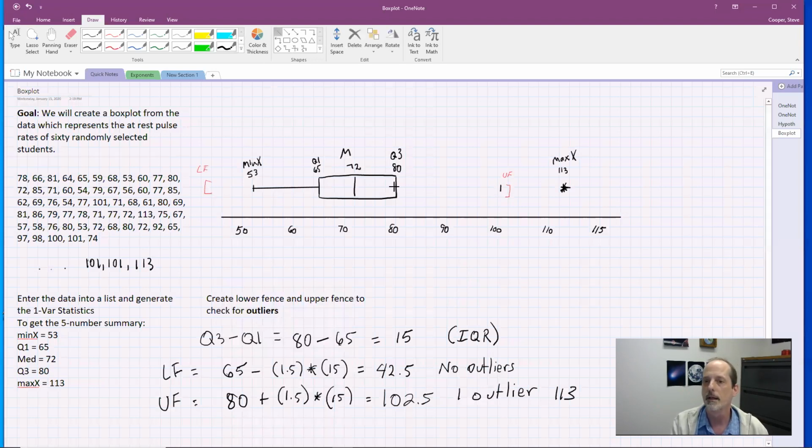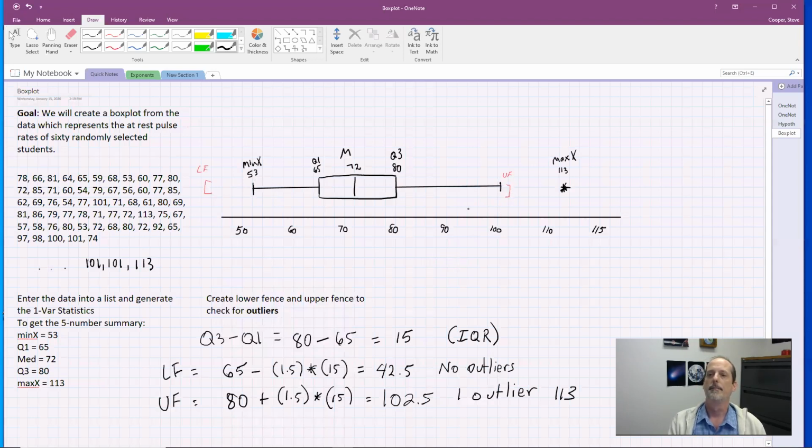So again, I'm going to connect. Clean that up a little. Okay, so the upper fence was just a reference. It doesn't actually stretch to the upper fence in our plot.